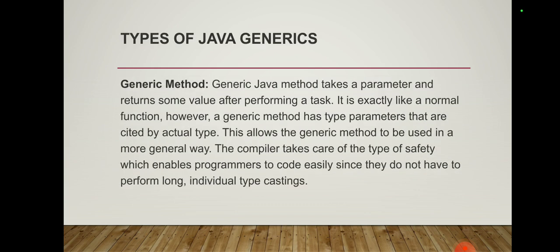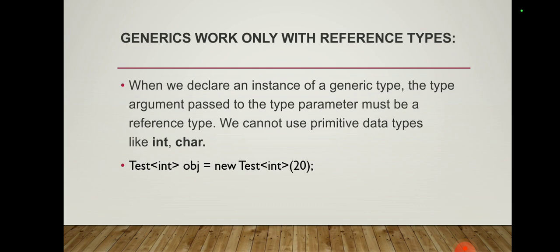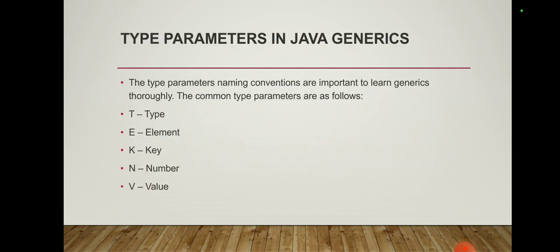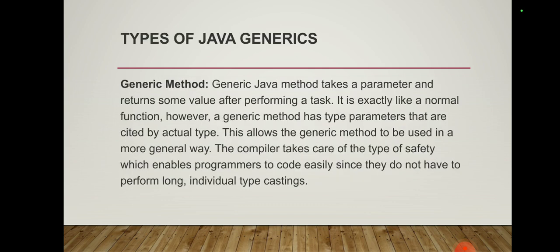So, types of Java generics. There are more types like generic method, generic classes, generics work only with the reference types, type parameters in Java, etc. So first, the generic method. It takes a parameter and returns a value after performing a task. It is exactly like a normal function.